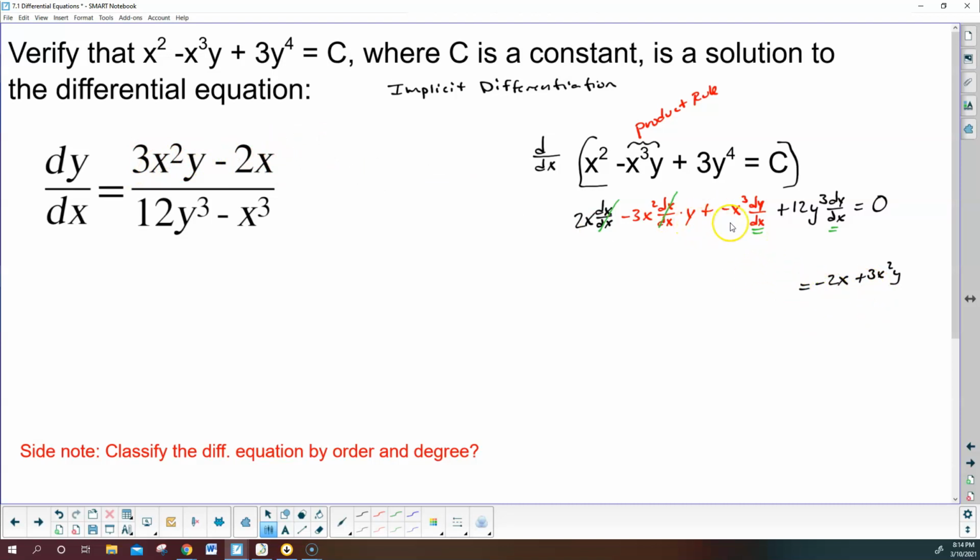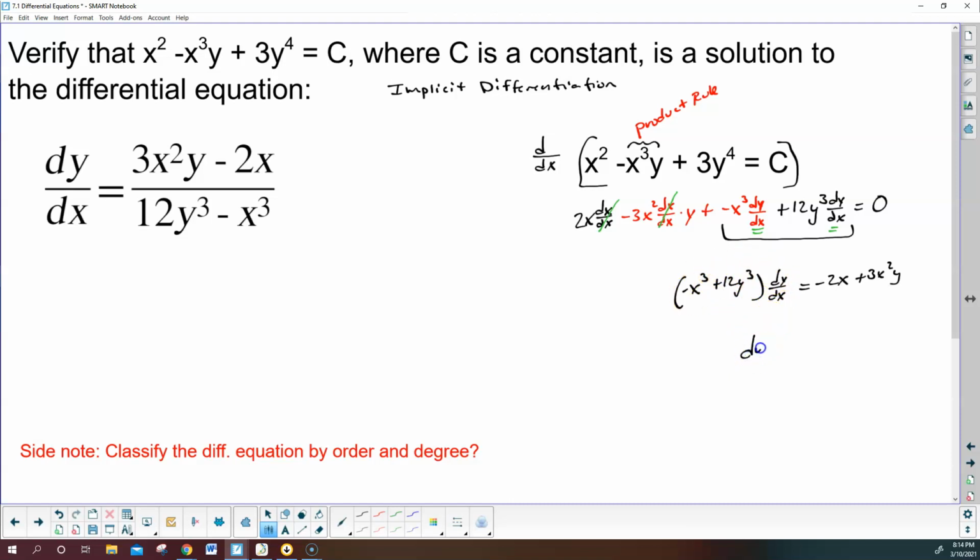And then what's left over is this piece right here. This is still on the left side. These two pieces moved over. Well, they both have a dy dx. So I'm going to factor out the dy dx. And then what's left over is a negative x to the third, and then a 12y to the third.